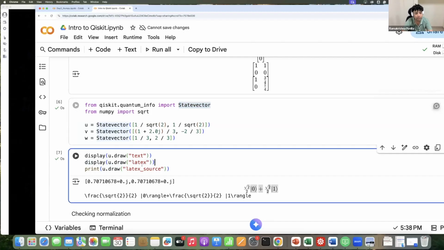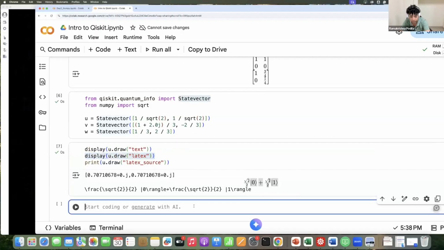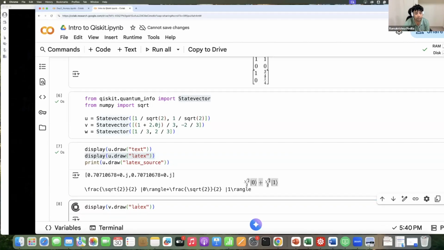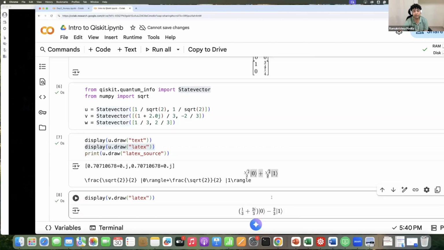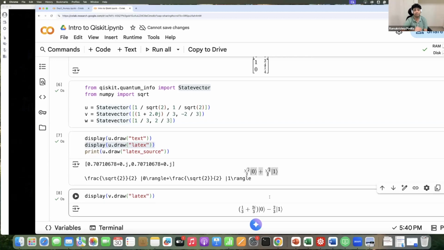So if you look at something like this, vector v, let's see what is vector v. So let me copy this part, and I want to draw v, right? Okay, so this is the v vector. I hope you're able to see. Do you think the v vector is normalized? Please use the chat to respond.